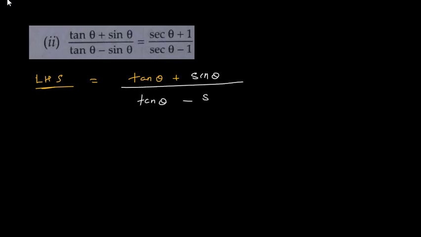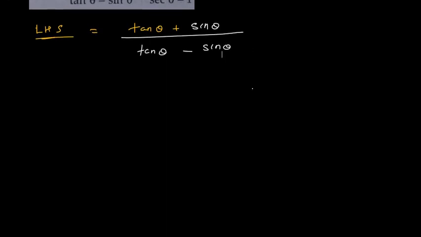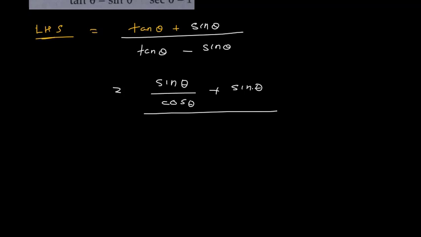Now this tan theta can be written as sin theta upon cos theta. So I will write this as sin theta upon cos theta plus sin theta, and the denominator as sin theta upon cos theta minus sin theta.